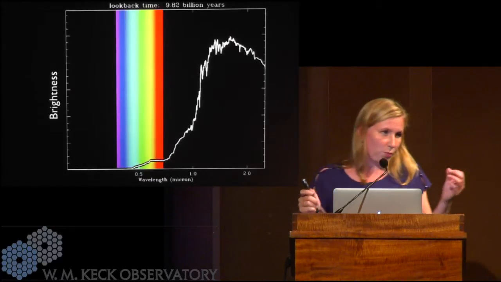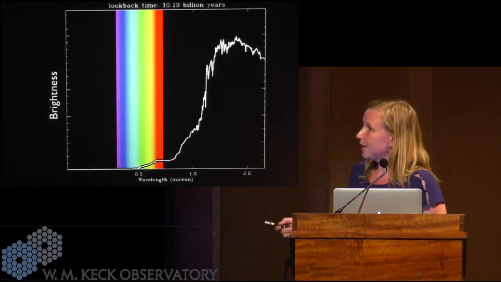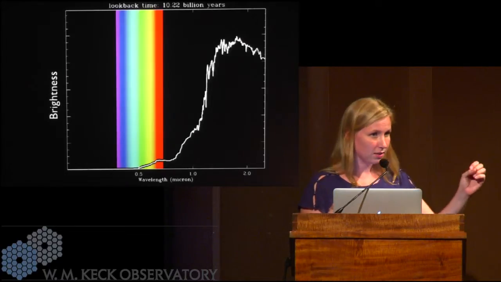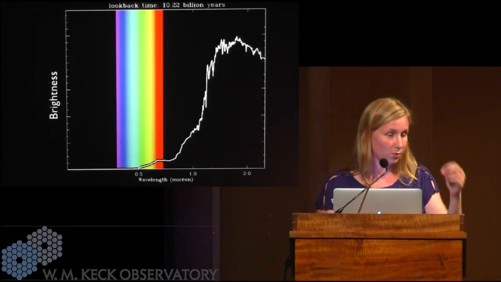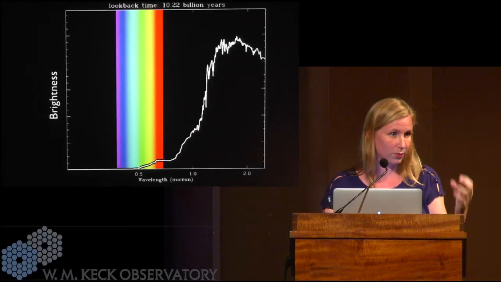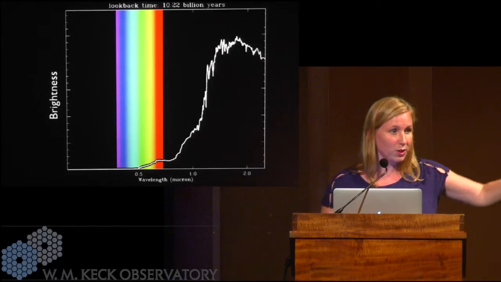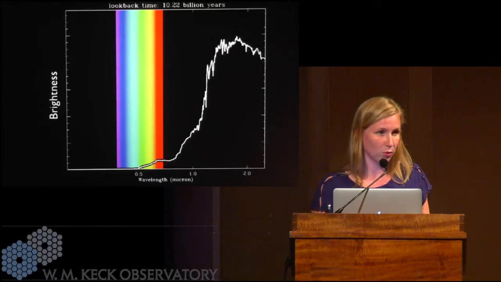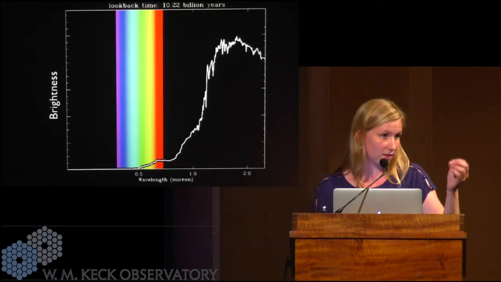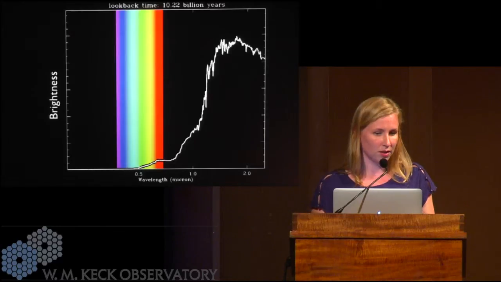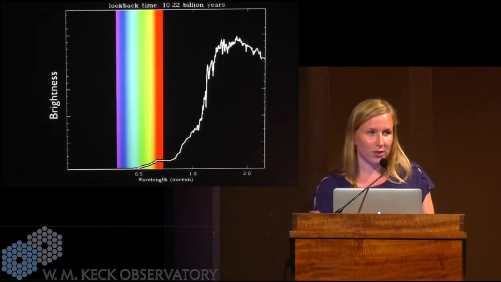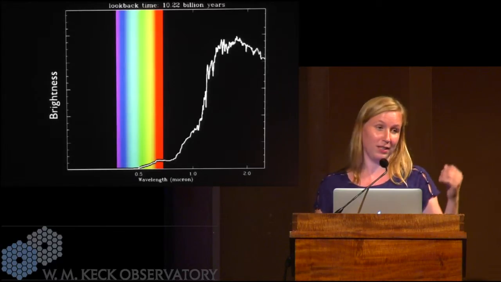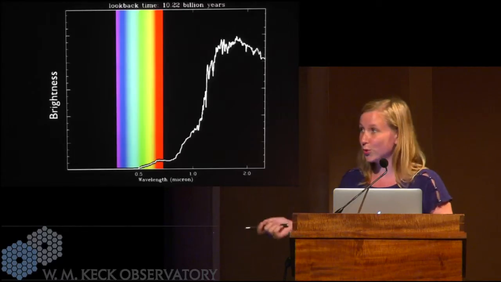And so basically what's happening here is that light that is emitted at optical wavelengths, so emitted at visible wavelengths, the light that we can see, by the time it reaches Earth, it's not visible anymore. It's infrared light, or specifically near-infrared light, which is heat radiation. So as we'll see later on, fortunately, the Keck telescope is not only sensitive to the visible, but also to the near-infrared.